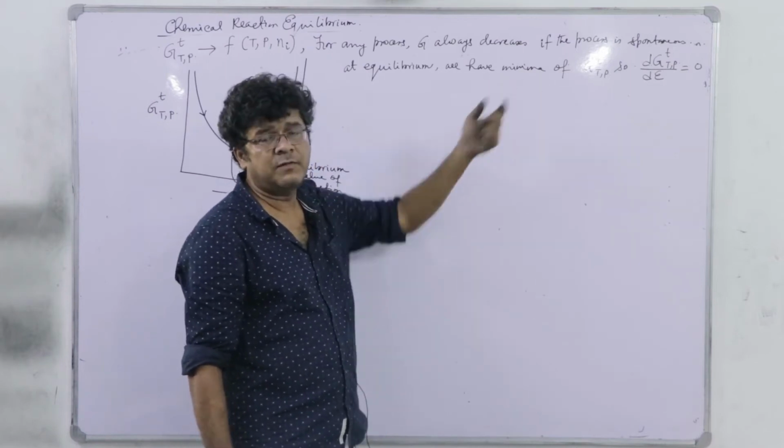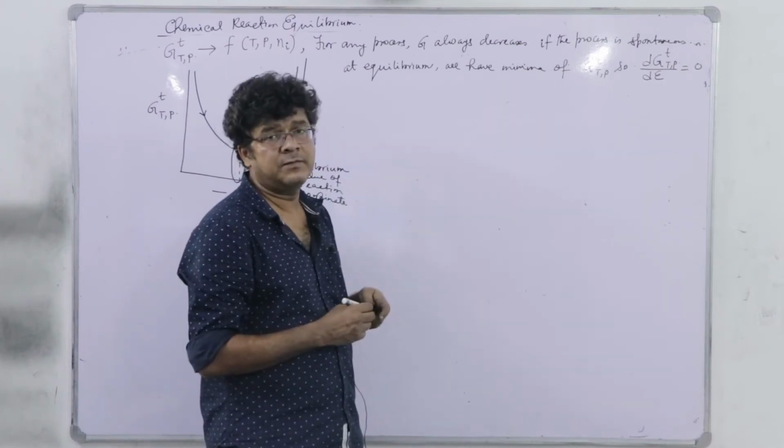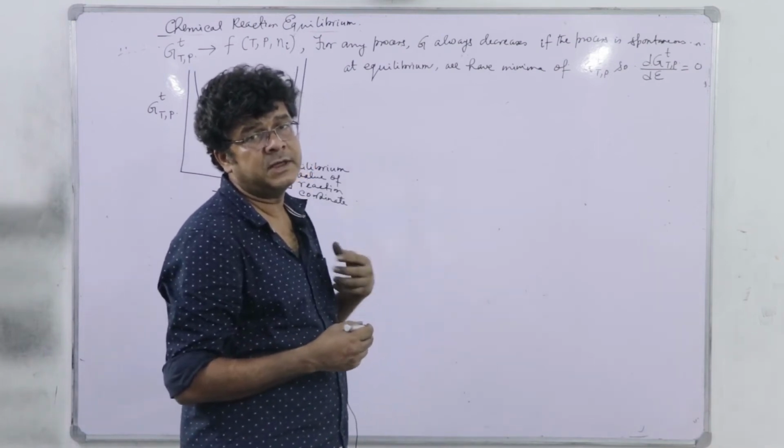The sufficient condition, as you know for minima, is that the second derivative of Gt at T comma P with respect to epsilon will be positive.